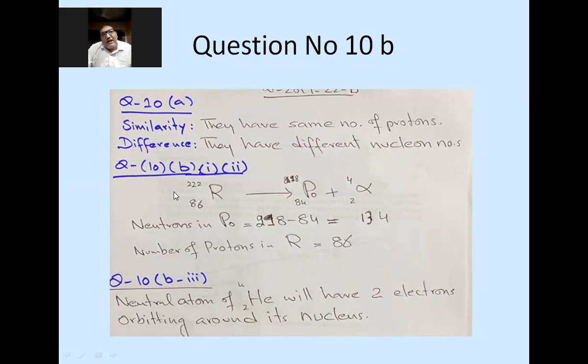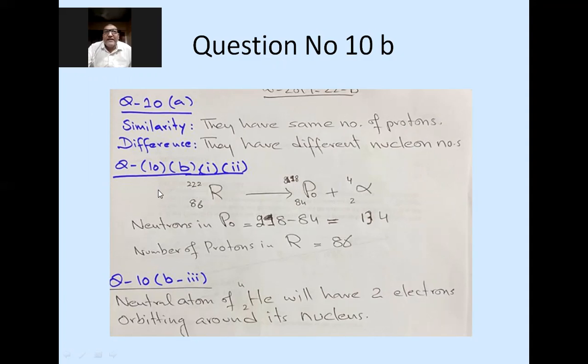Whenever an alpha decay happens, the daughter nucleus mass number will be 4 less than the mass number of the parent nucleus. So the polonium's mass number will be 222 minus 4, that will be 218.